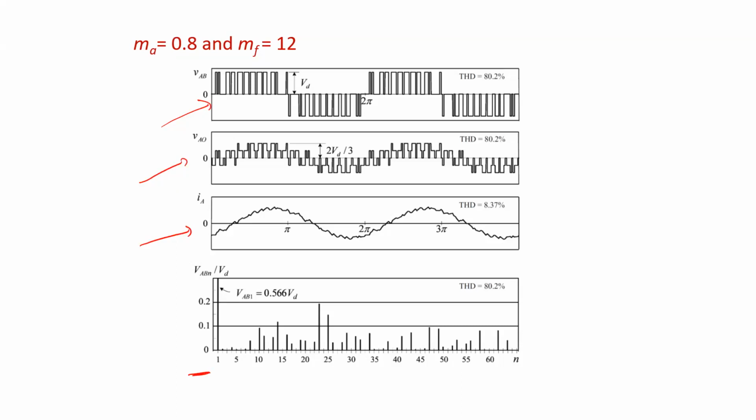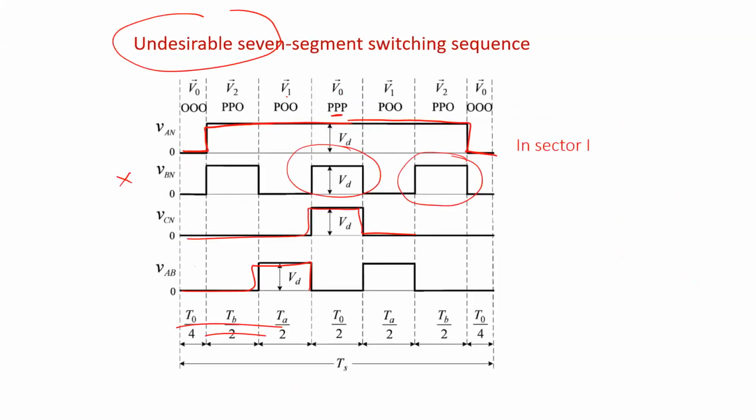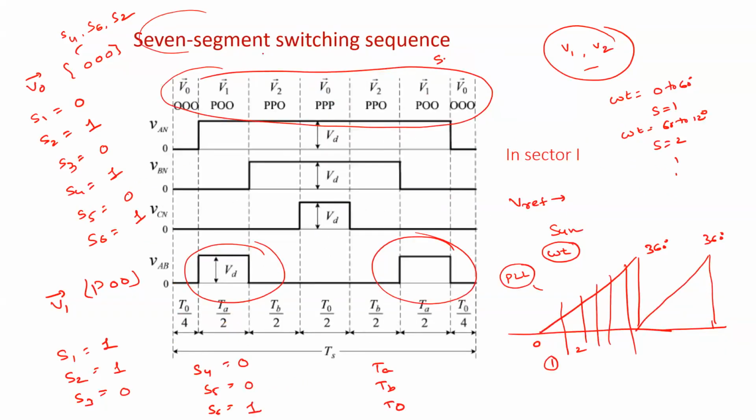By using this method, one of the drawbacks is the lower order harmonics, that is even order harmonics. This method is producing some even order harmonics. For example, you have a harmonic at the 10th order and similarly at the 14th order. That is one of the drawbacks of this 7-segment switching selection.